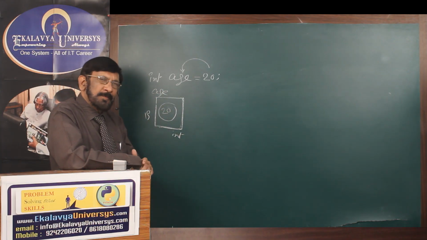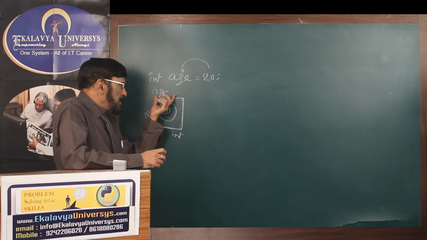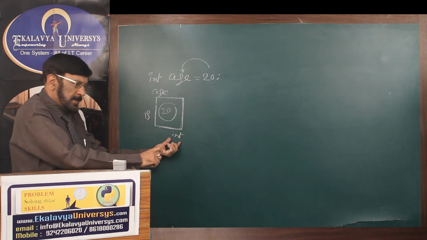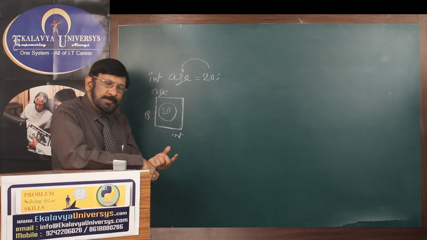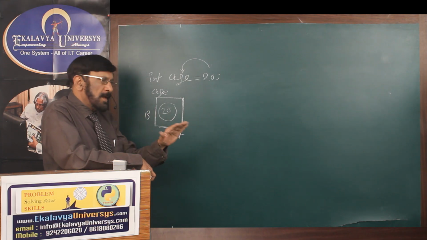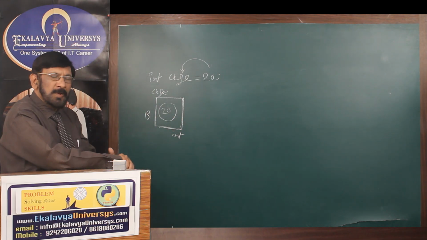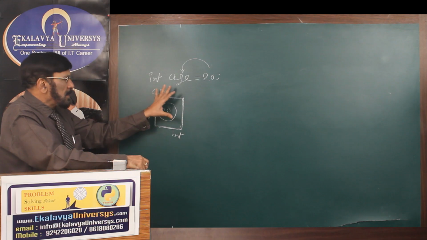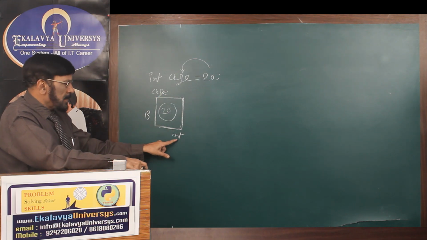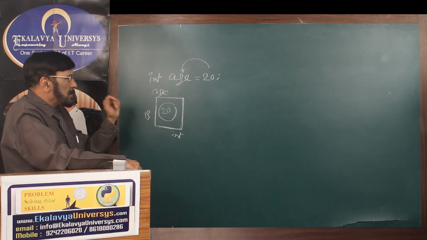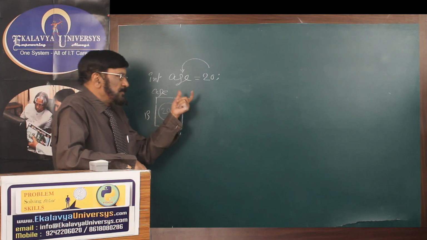So always remember, a variable is a named memory container of a type in which a constant is stored, which may be replaced. In that way you have to understand variable. Simply understand a named memory container. What is the data type? Int.